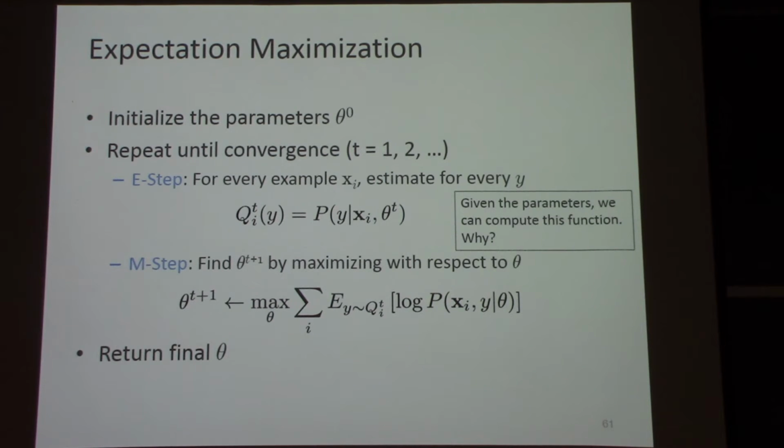Can you compute P of y given x_i, theta if I know theta and x? It's MAP prediction. It's exactly MAP prediction, except you're not predicting a label, but you're predicting the distribution.